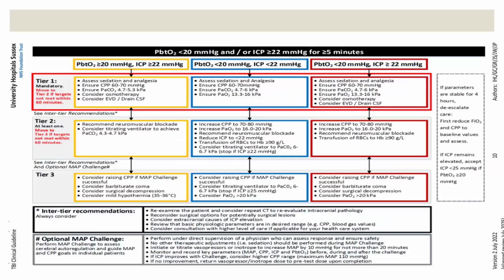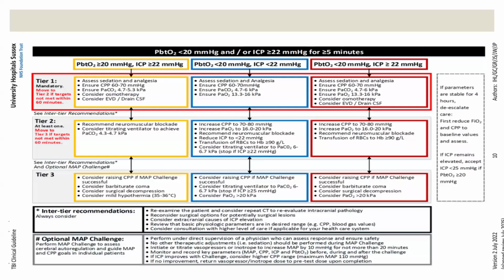So we'll see if brain tissue oxygenation is more than 20 and ICP is also raised, then how to manage. First consider sedation, analgesia, cerebral perfusion pressure between 60 to 70, maintain PaCO2 between 32 to 35, consider osmotherapy and consider the EVD.